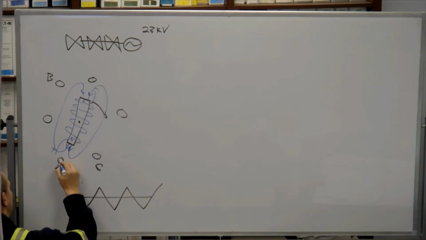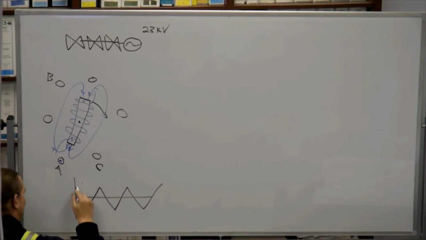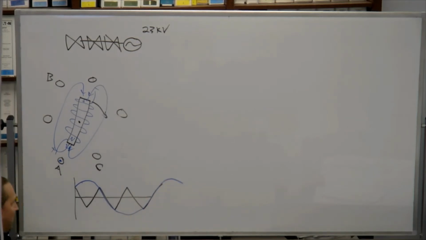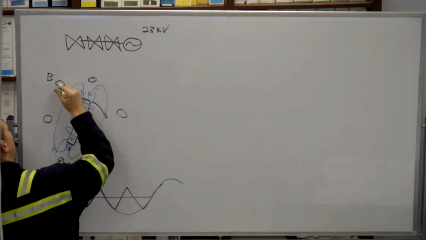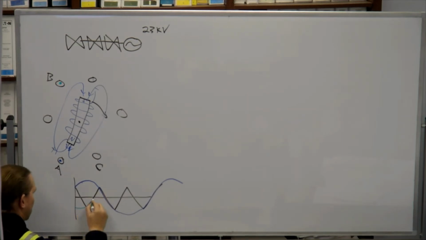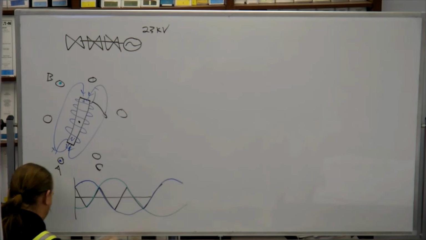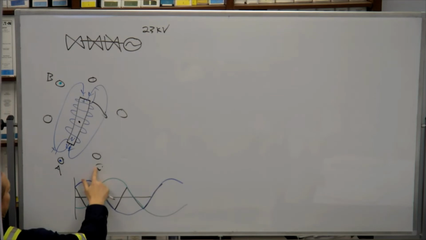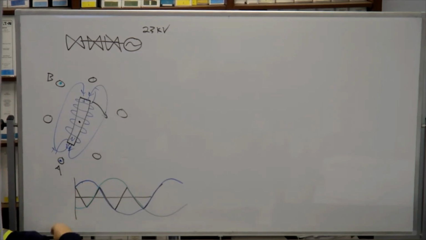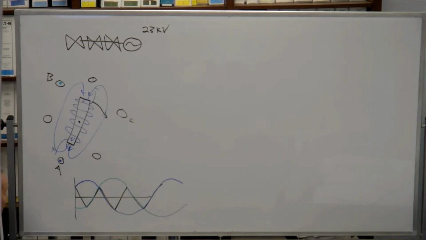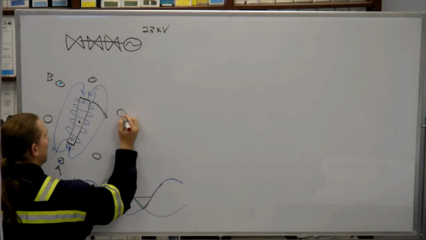So, A. B. You guys let me label that wrong. That's right, I'm blaming you for stuff that you have never seen before. C.